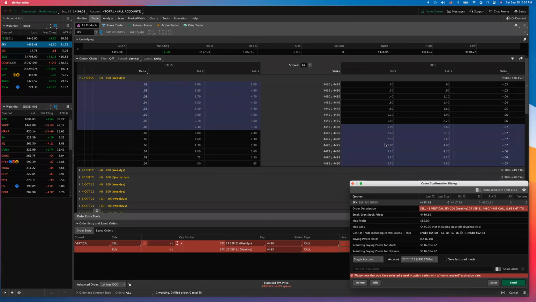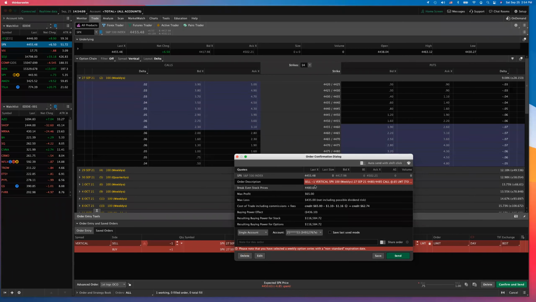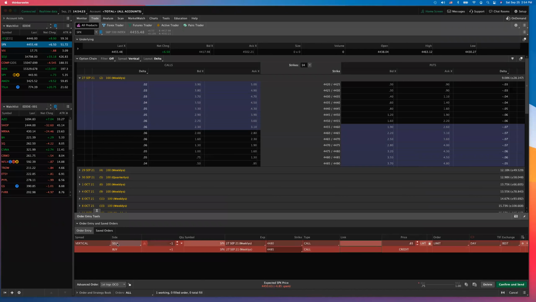I'm going to hit confirm and send and see what this thinks. Yeah, 44.80 and 65. Do we see that? So it is always going to be your premium received plus what your short leg is.